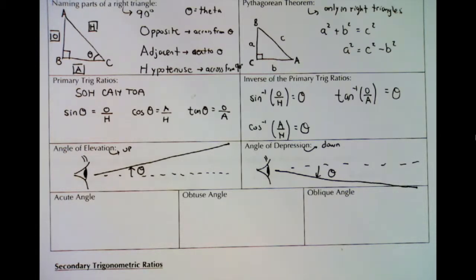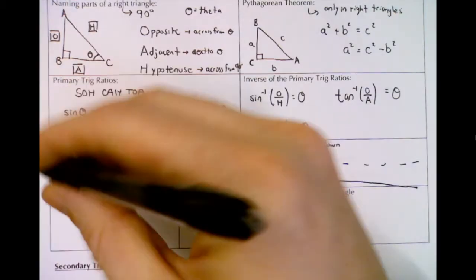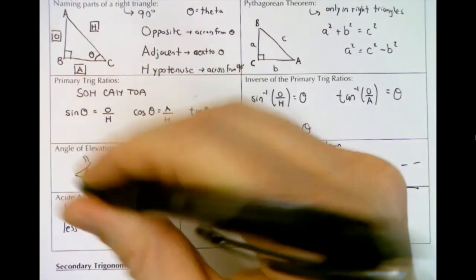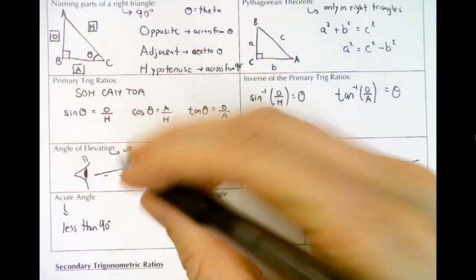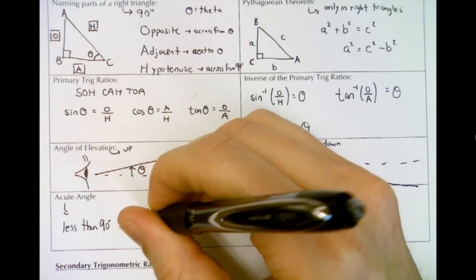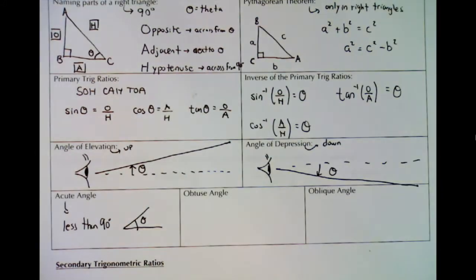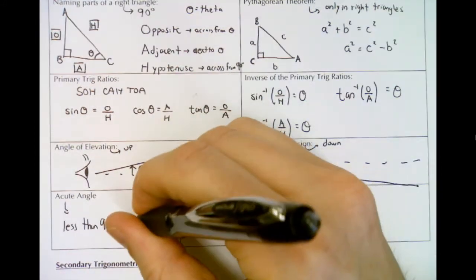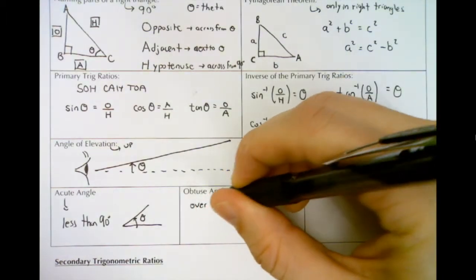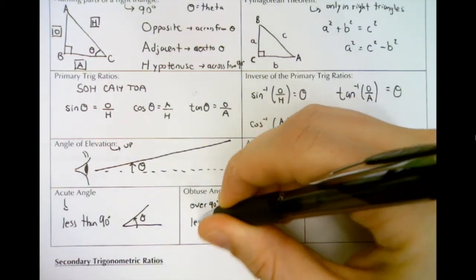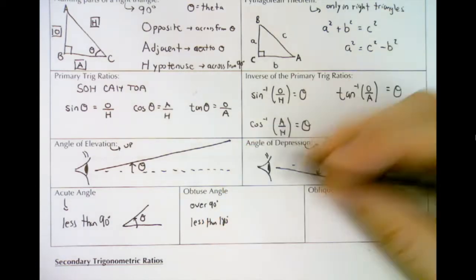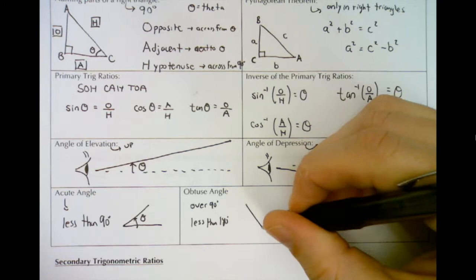Acute, obtuse, and oblique angles. Acute means less than 90. So you've got an angle that's less than 90 degrees. Obtuse means over 90 degrees, but less than 180 degrees. So that means we've got something that looks like this.